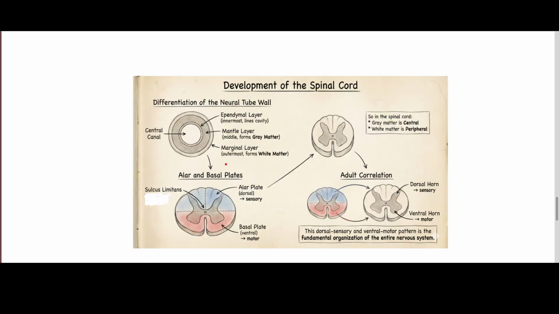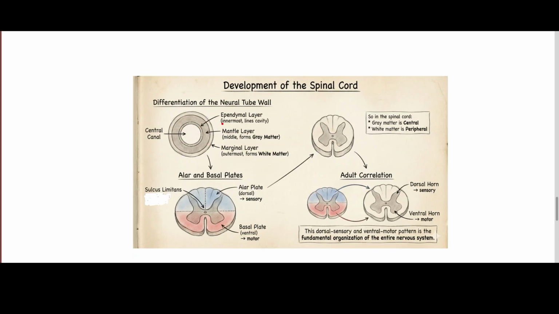The caudal part of the neural tube is the structure that becomes the spinal cord. The wall of the neural tube at this region divides into three layers. You can see in this structure, the innermost layer is the ependymal layer.